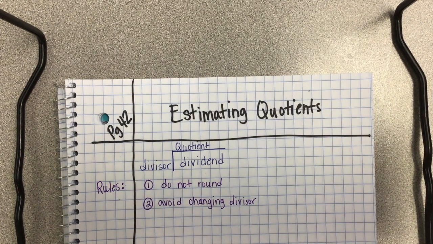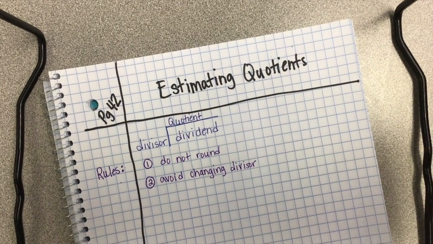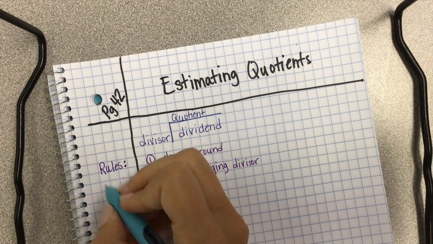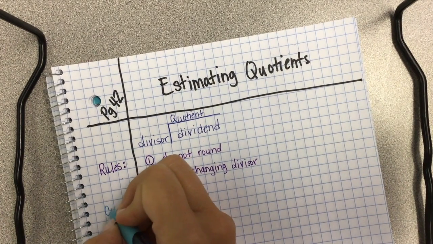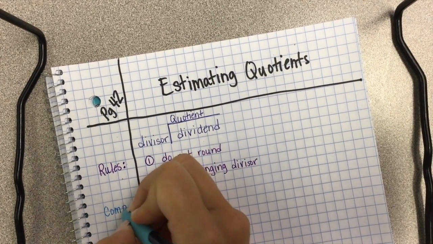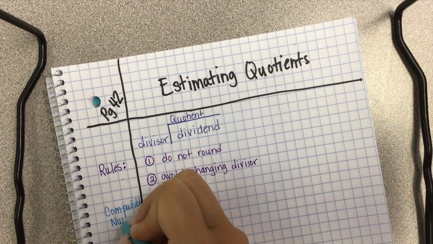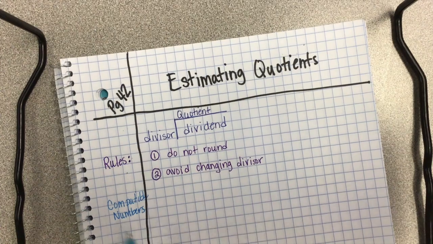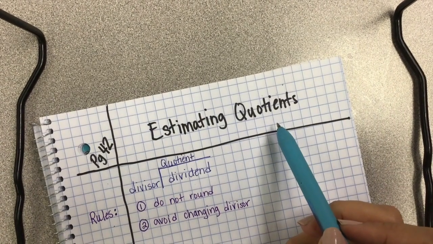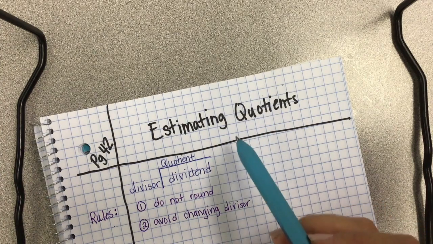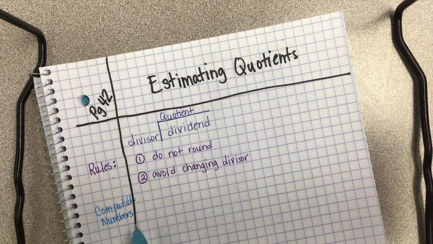First of all, we need to also remember the term, find a different color. I'm going to put it in the column here. Compatible numbers. I did not give myself a big column. So, to estimate quotients of decimals, I do not suggest rounding, but I suggest changing to compatible numbers.